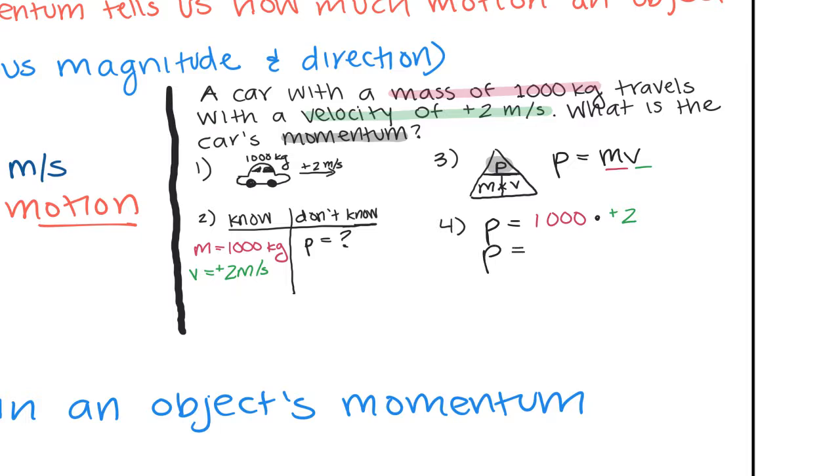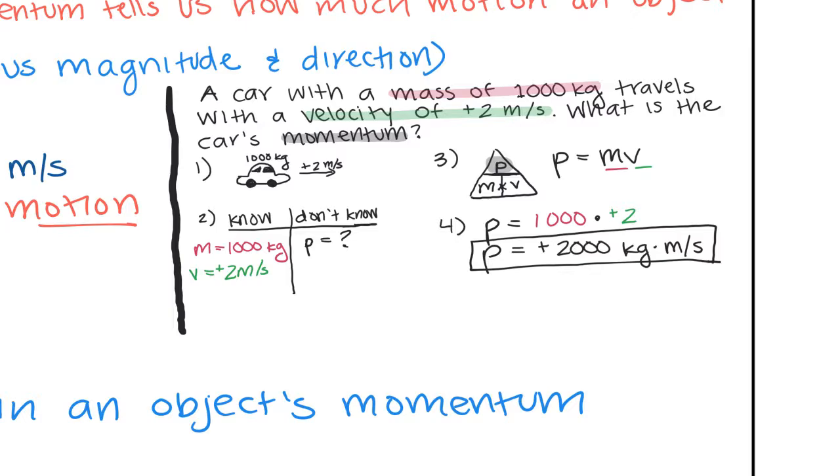And 1,000 times positive 2 is going to be positive 2,000 kilograms meters per second. And that is my final answer for calculating the momentum of an object.